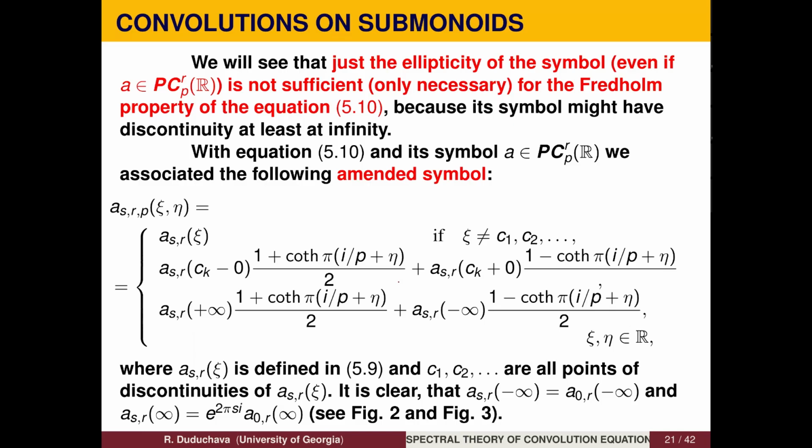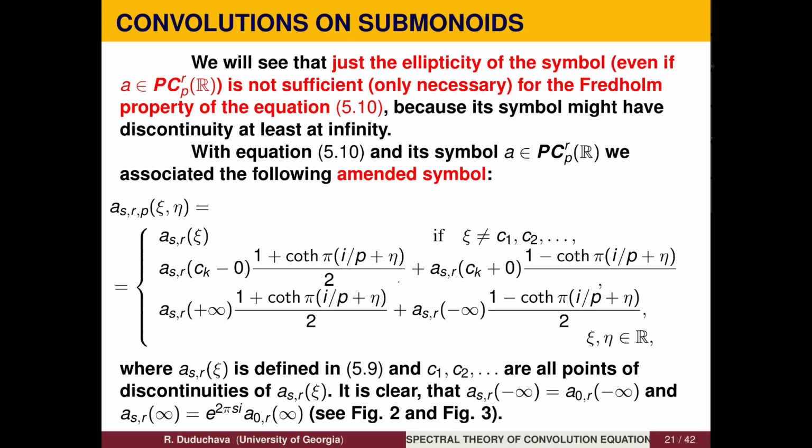The amended symbol is such an object: you leave this symbol at points where it is continuous, same as the lifted symbol. But if it has a discontinuity, we connect it with this function, which is written here. At infinity and at finite points, they are connected with these functions.